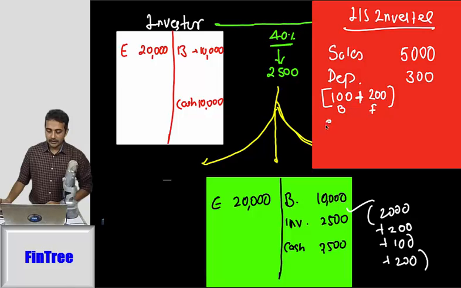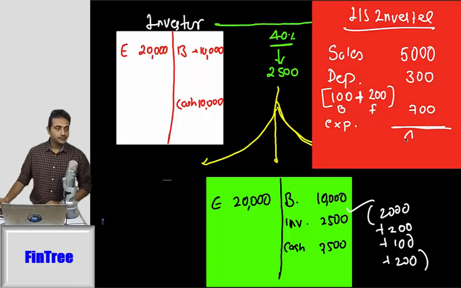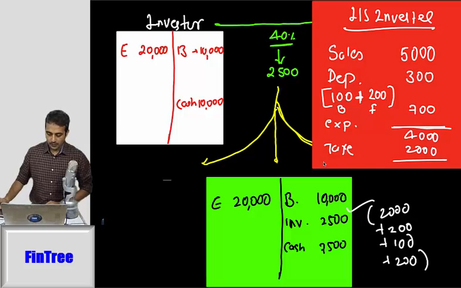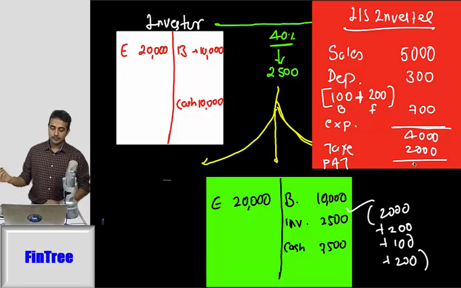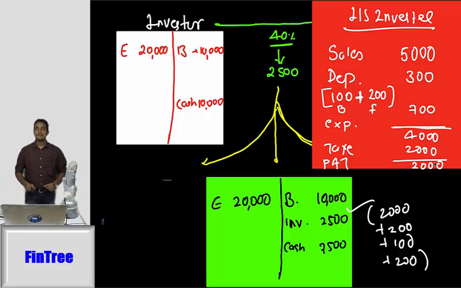Let me create other expenses of 700 just to round it off. So your profit is 4,000, taxes 2,000, net profit 2,000. Are we together on this?